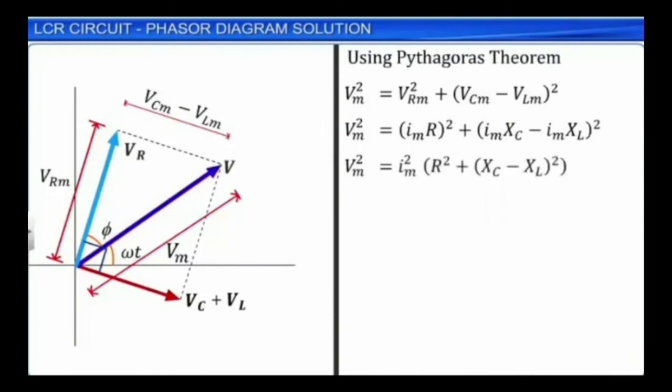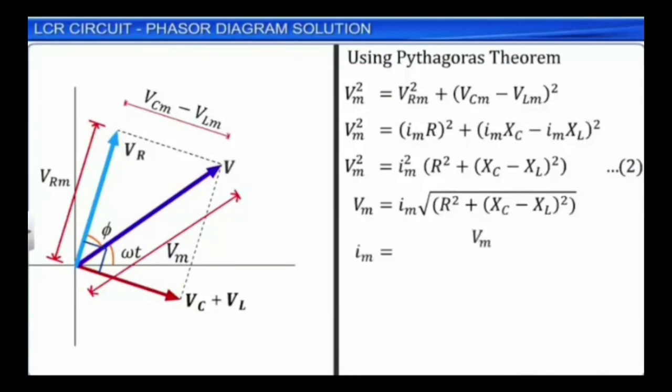That is, Vm square is equal to Im square into R square plus (XC minus XL) whole square. Therefore, Vm is equal to Im into root of R square plus (XC minus XL) whole square, or Im is equal to Vm divided by root of R square plus (XC minus XL) whole square.